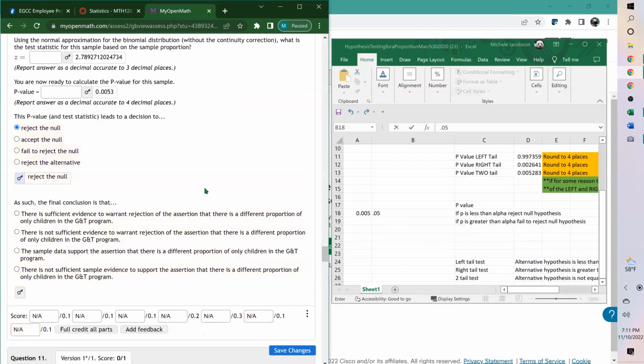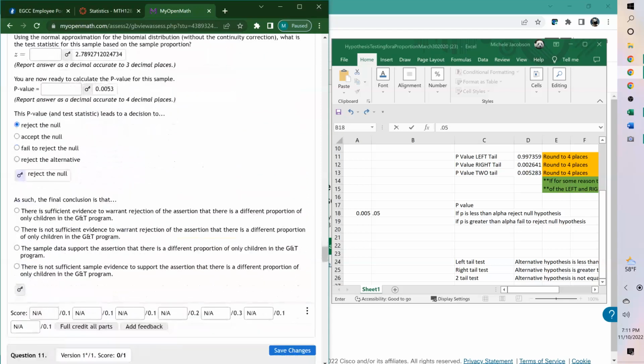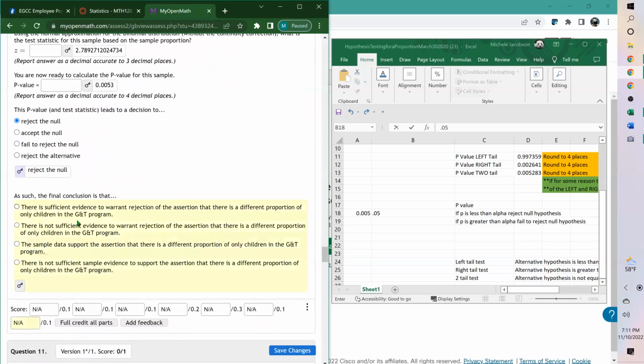The very last part. Okay, so if we are rejecting the null hypothesis, that means we are accepting the second one, which is that it differs. So there is sufficient evidence to warrant rejection of the assertion. There is a different proportion of only children in the gifted program.